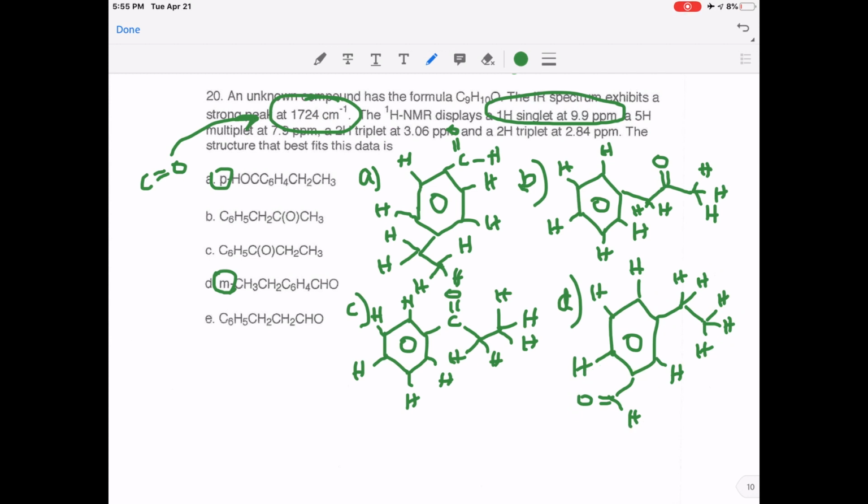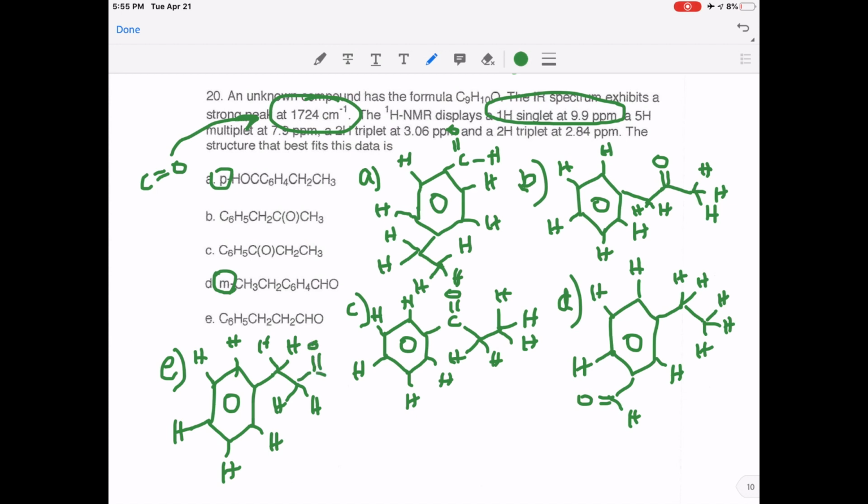So then drawing out lastly for E, the aldehyde group. So now we can examine all these structures, and so let's do that.